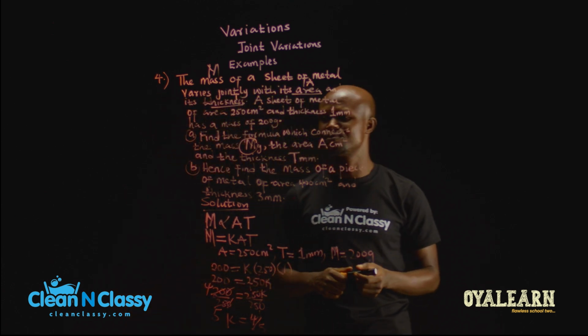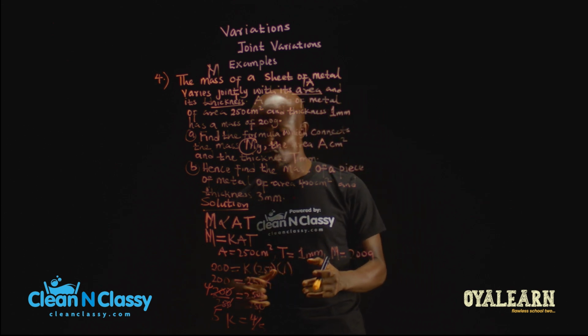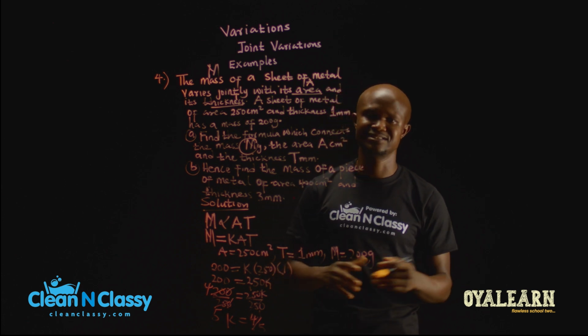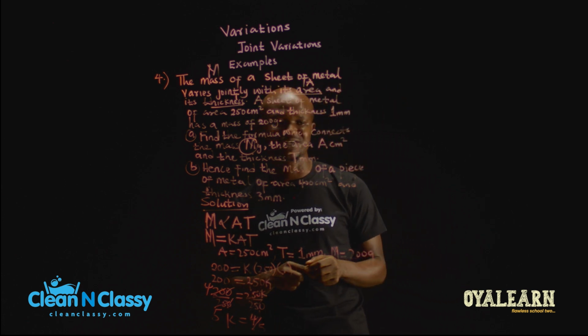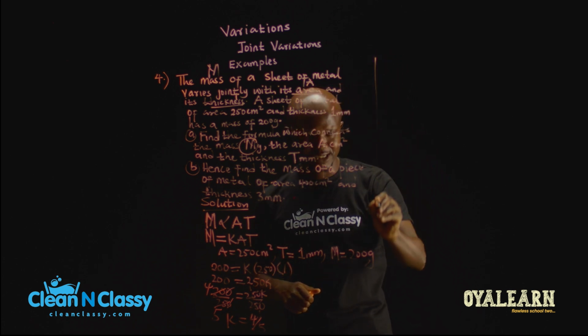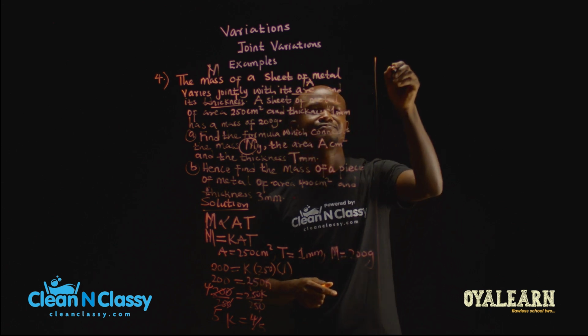Now, since we have K to be 4 over 5, we can write a relationship connecting M, A, and T together.